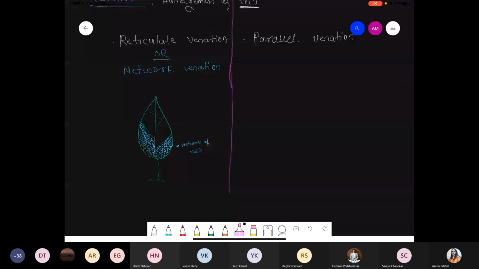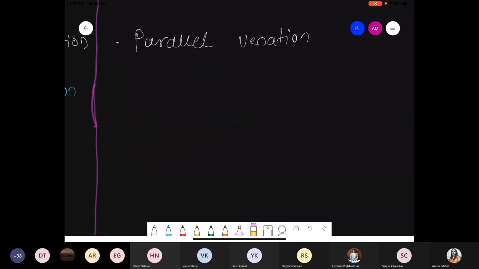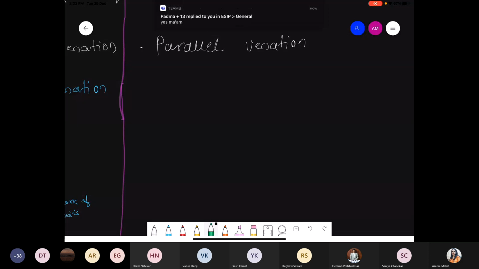That is the network form. But when you compare this with parallel venation, suppose this is a leaf. I'll give you the time, don't worry. First of all, see the difference exactly. We are talking about any leaf.